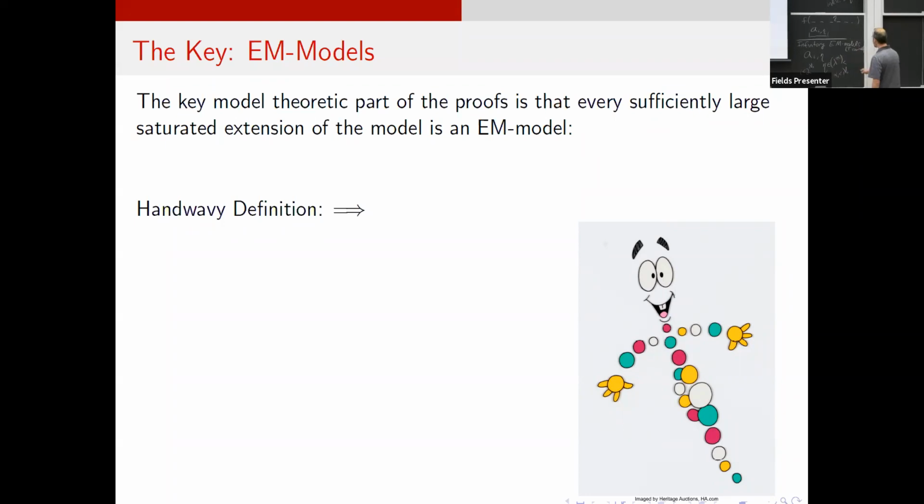Okay, so instead of only allowing finite sequences, we now allow infinite sequences, but now we forget about the definable functions. The regular EM models came from definable functions, taking the definable closure of indiscernible sequences.